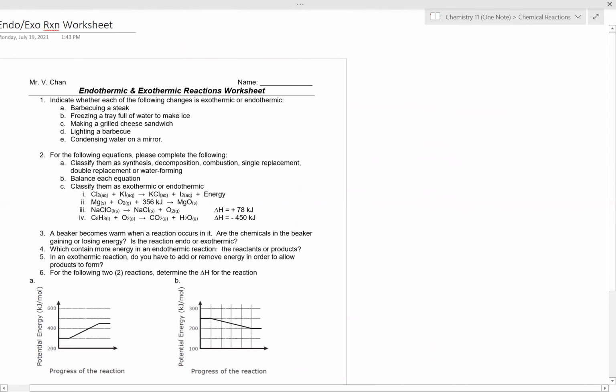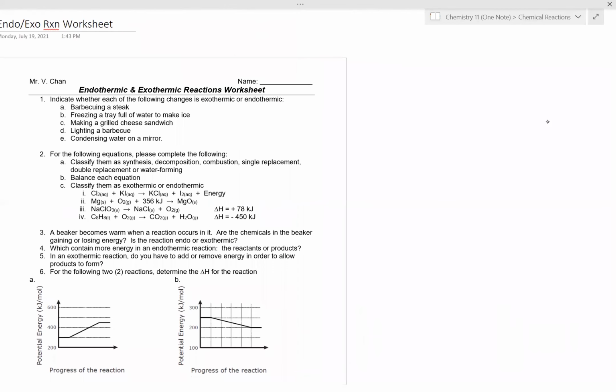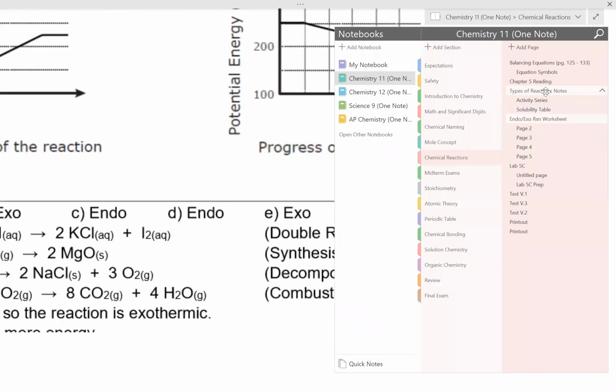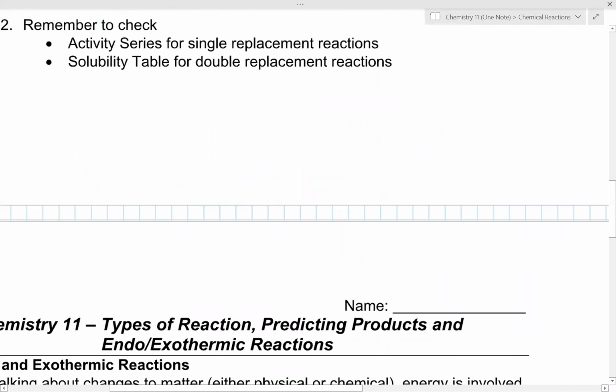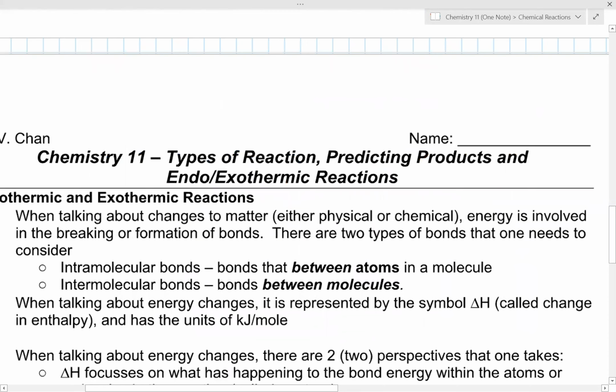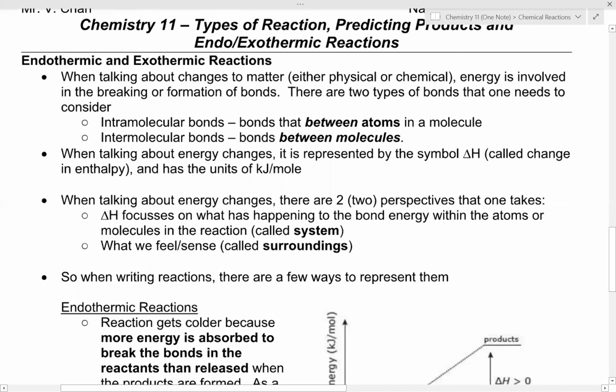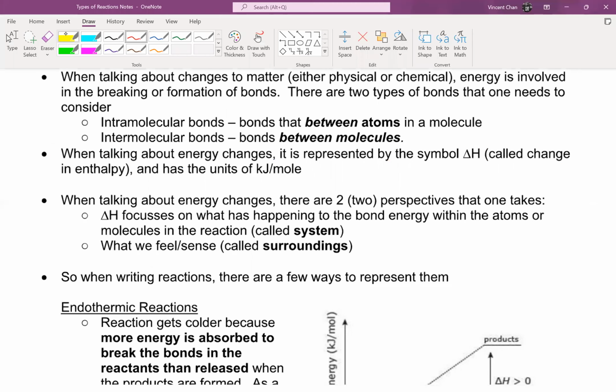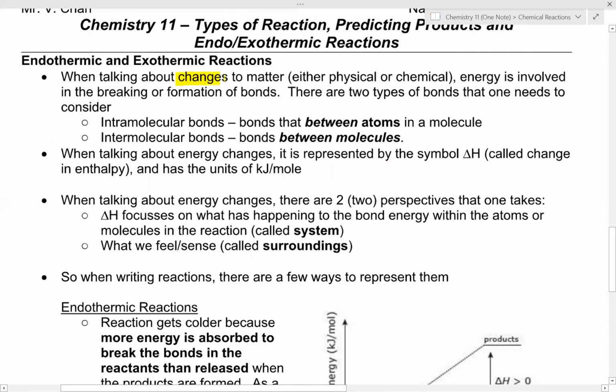The last thing I wanted to talk about was energies of reactions. When we talk about chemical reactions, going back to the beginning of this course, remember when we talked about changes in matter, either physical or chemical, energy is involved in the breaking or formation of bonds.